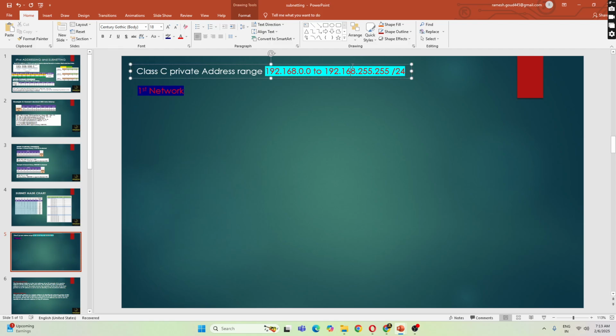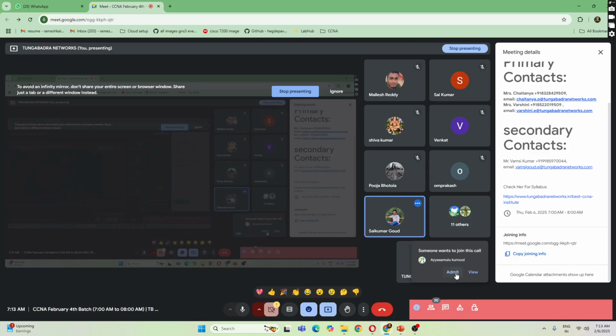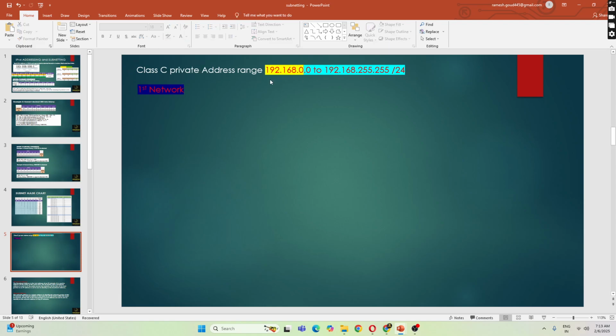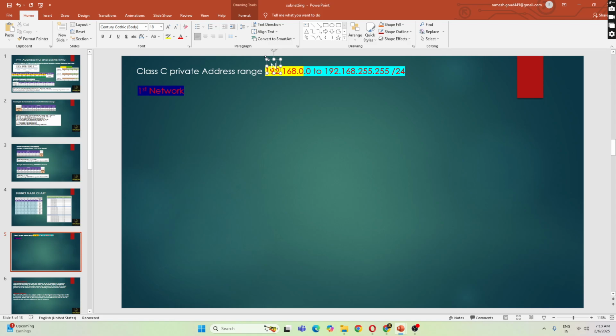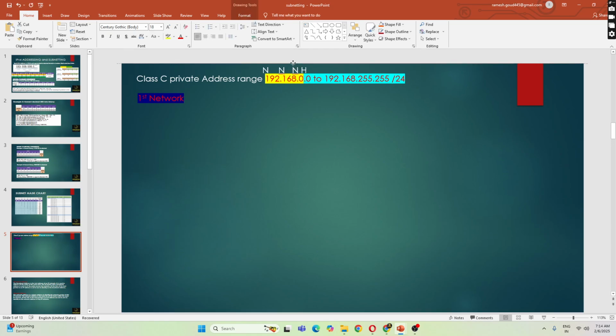If you see here, first, these three octets are fixed. Network bits are fixed. How many network bits do we have in class C?